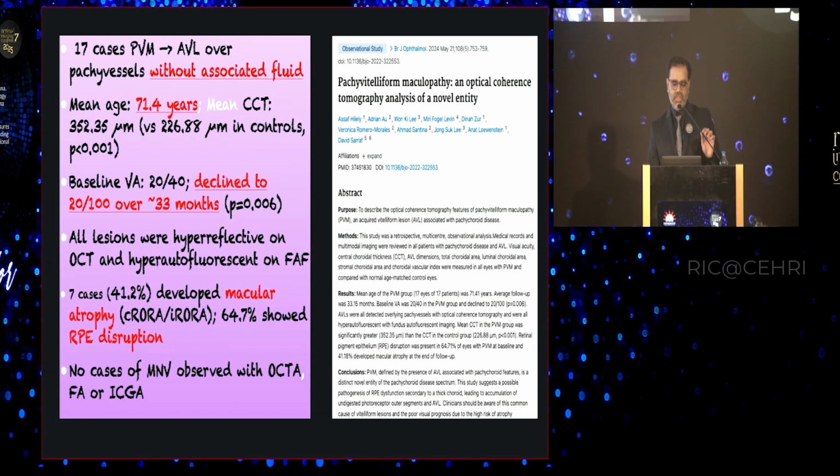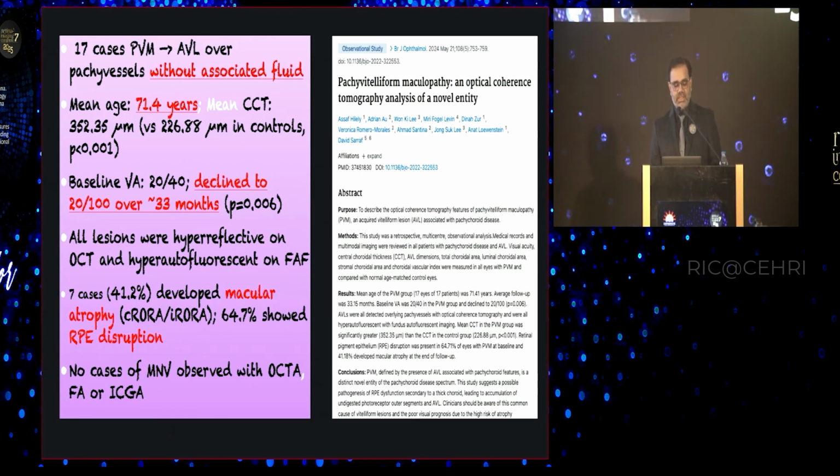So this is the first study, which was published in 2024, and they had 17 cases of PVM. The findings were they had AVL all over these pachy vessels without any associated fluid. So fluid was not included in their study. The mean age of these patients is more than 66, in the 7th decade.